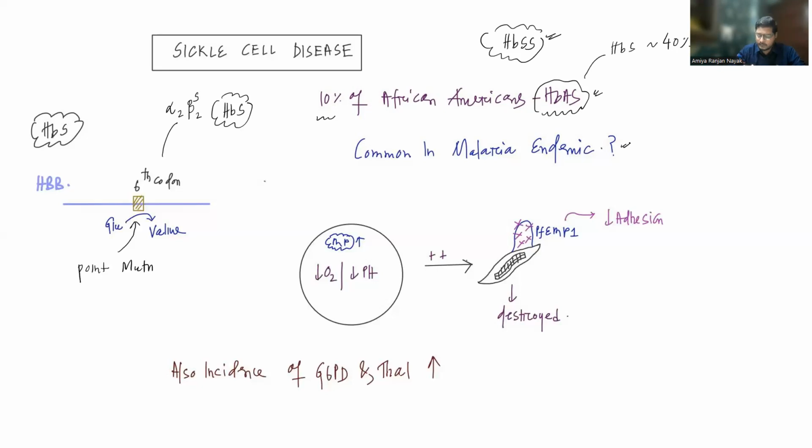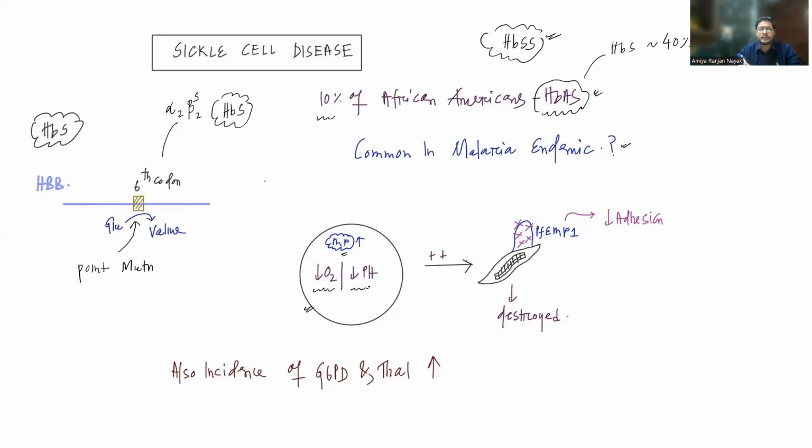What is that advantage? If you see here, this is a normal RBC, and when the malaria parasite infects this RBC and tries to grow inside it, it will use up all the oxygen. So gradually the oxygen concentration will reduce. Also, because of metabolism, there will be production of lactic acid, which will reduce the pH.